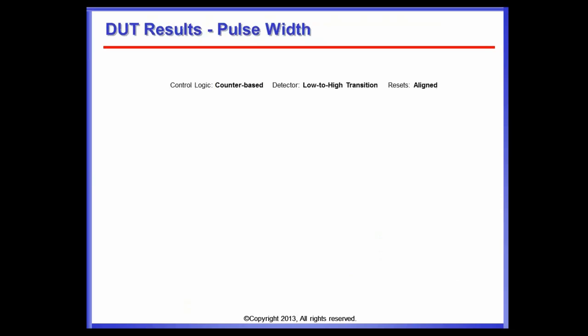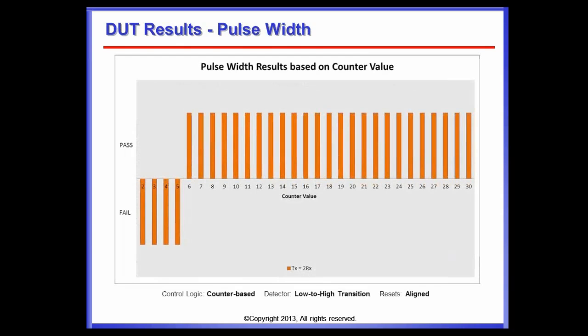So what we did is we took a counter-based control logic and a low to high transition detector, a simple XOR gate, and the resets are aligned, so we're taking the easy case here. For different ratios on the clocks, the pulse width check based on different counter values is listed here as a pass and fail case.